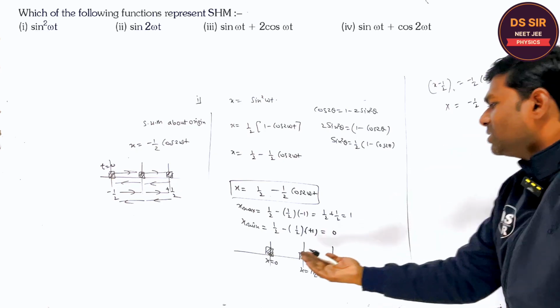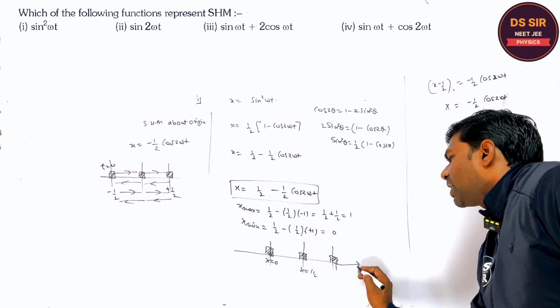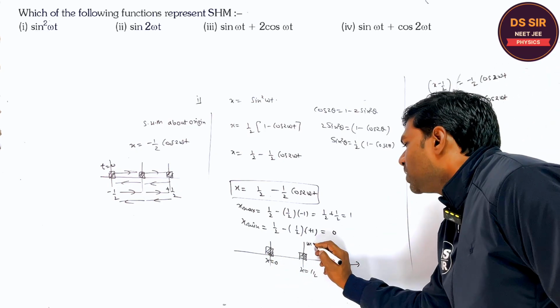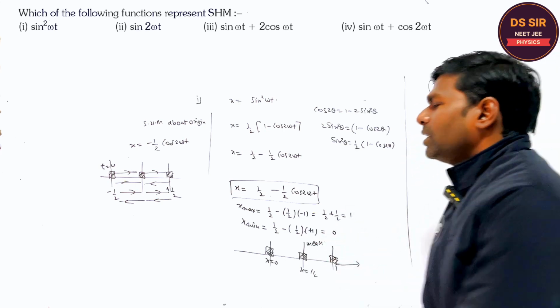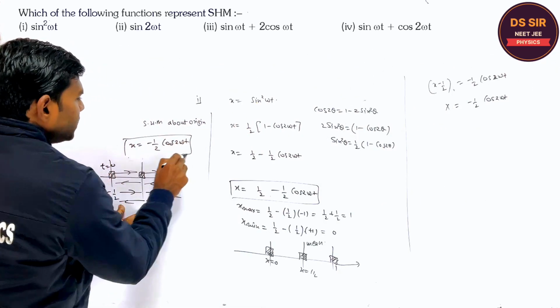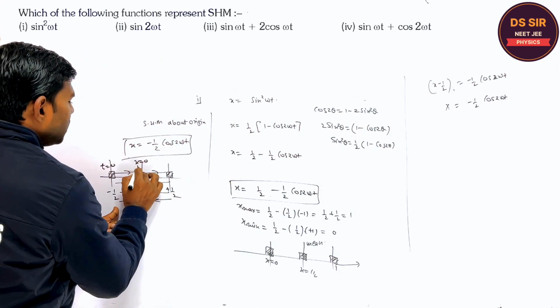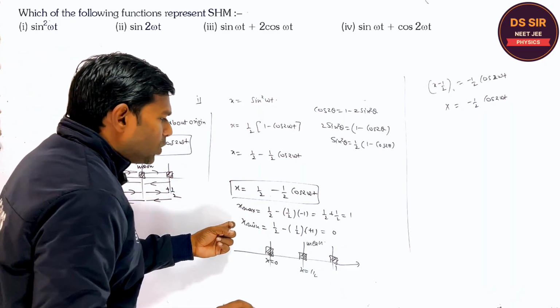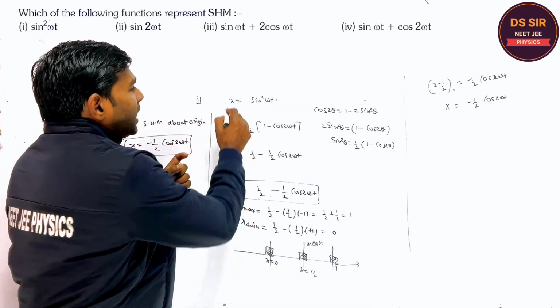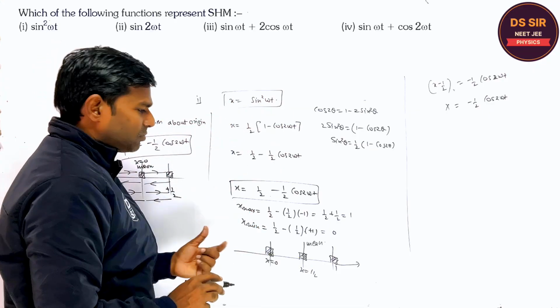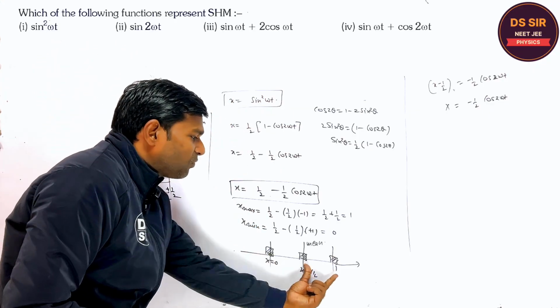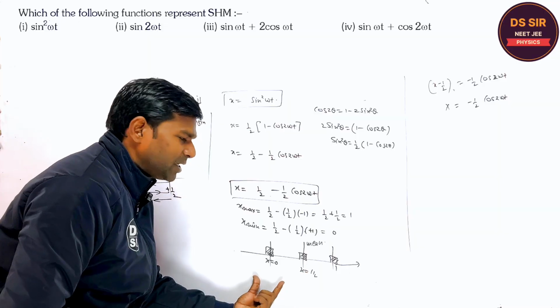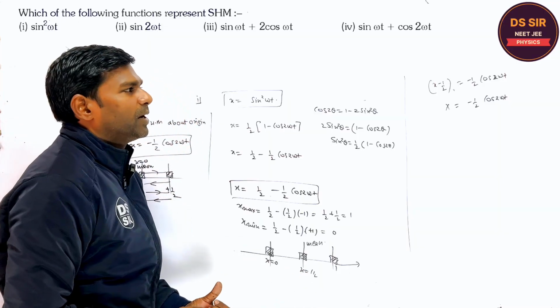The x-axis is shifted in this direction by 1 by 2. So it is the mean position. If it is only this, x is equal to 0 is the mean position. Are you getting or not? So you tell me, if sin square omega t is given, then it is performing oscillation or SHM about x is equal to 1 by 2.